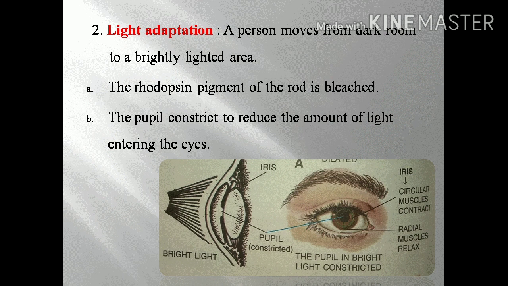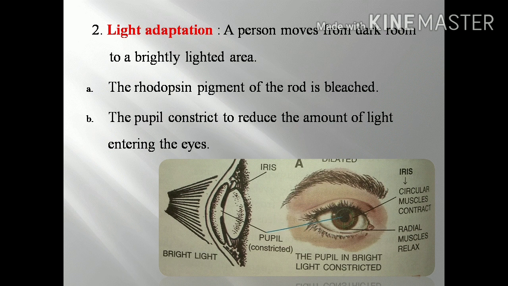Here the visual purple of the rods is bleached, reducing their sensitivity. When we are in a dark room, rhodopsin pigments are active and iodopsin pigments are inactive. When we enter from a dark room to a brightly lighted area, the rhodopsin pigments become inactive and the iodopsin pigments become active.